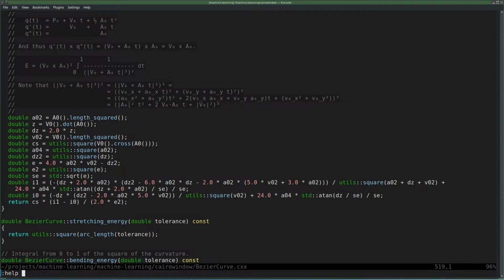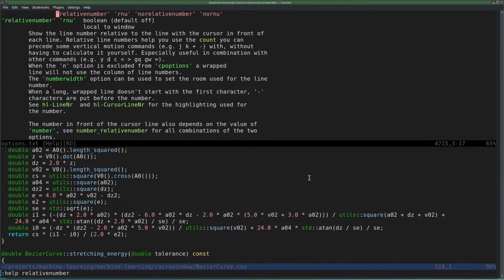Help relative number. Right, I see that. Okay, you get line numbers. So if you want to go up, then you can just do 5K or something like that.